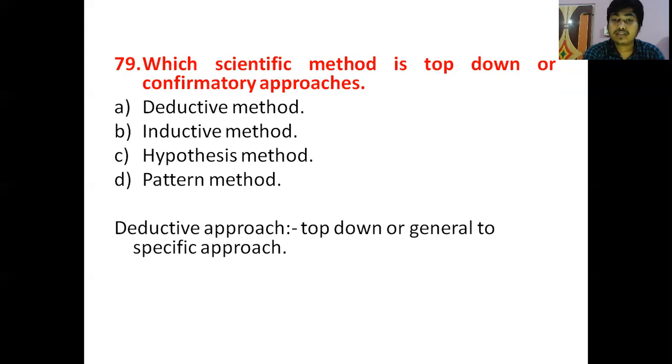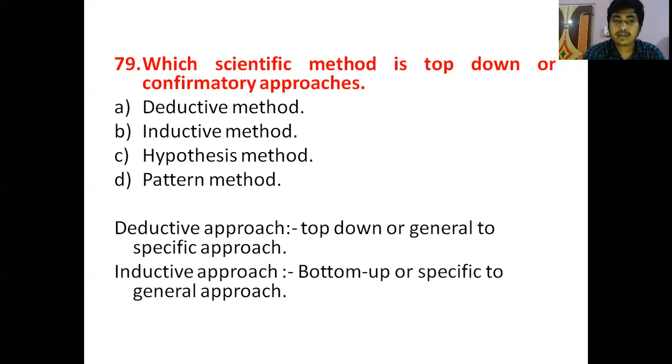The deductive approach is top down or general to specific, and the inductive approach is bottom up or specific to general. In the deductive approach, we have the theory, and if we find some conclusions from the theory, that is the deductive approach. So it goes from the general to specific and is a top-down approach.